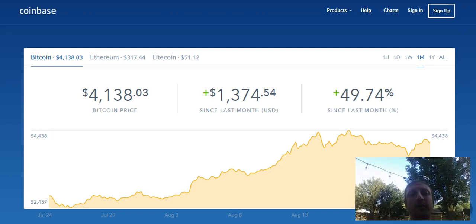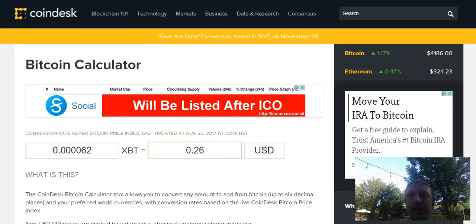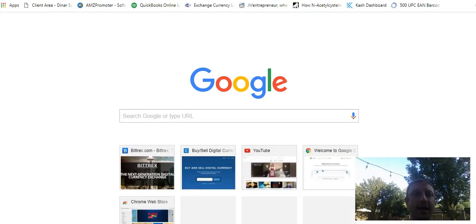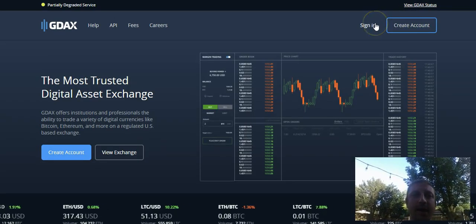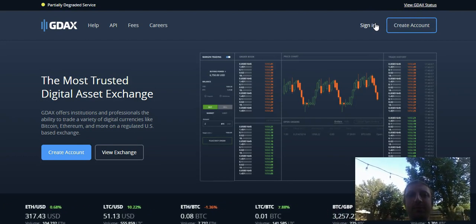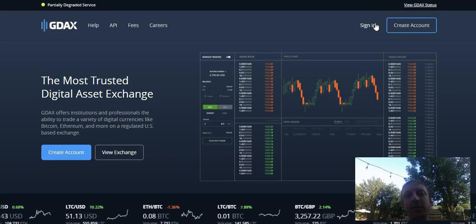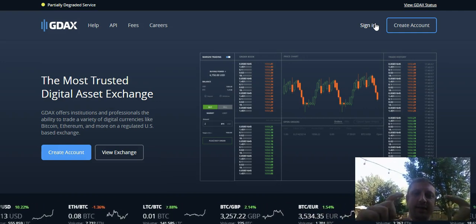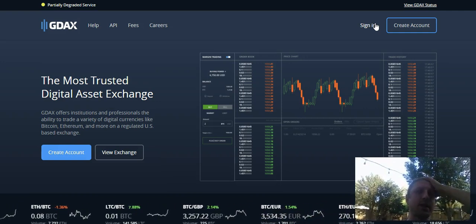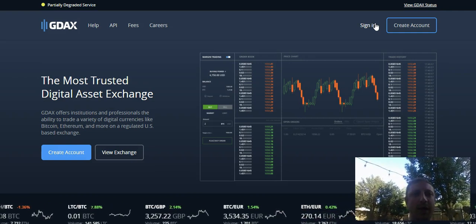Typically, if you have a Coinbase account, you essentially have a GDAX account. Just go to GDAX.com, and when I click sign in, it automatically brings me into my GDAX account because it's the same login as Coinbase. If you've never logged into GDAX before, they probably will make you put in your name, address, and put your driver's license up in your webcam.